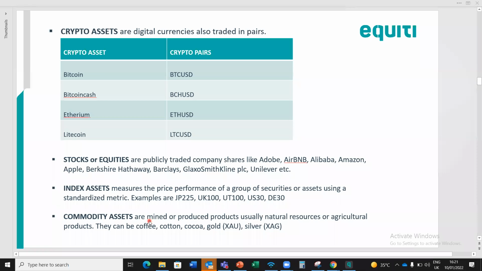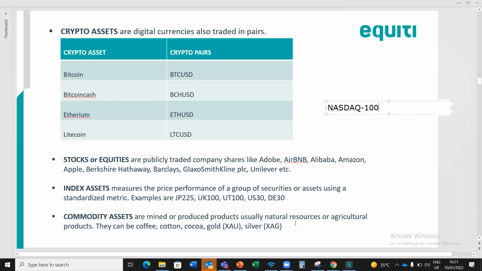Now, what are some examples of these index assets? We have the Japan 225, the Japanese price index. We also have the UK 100. We have the US Tech 100, which is the popular Nasdaq 100, made up of 100 influential companies, more of technological companies in the US.